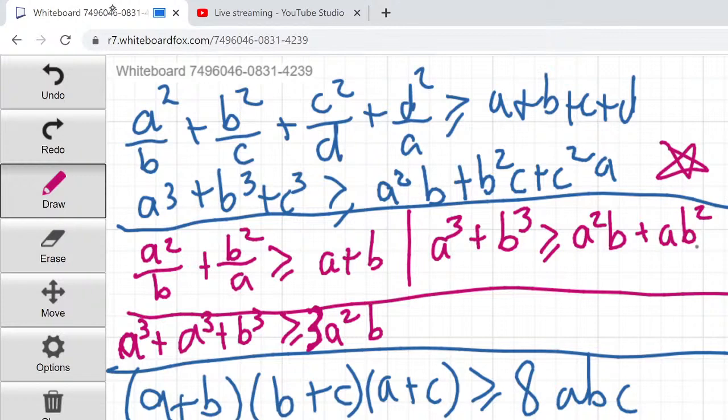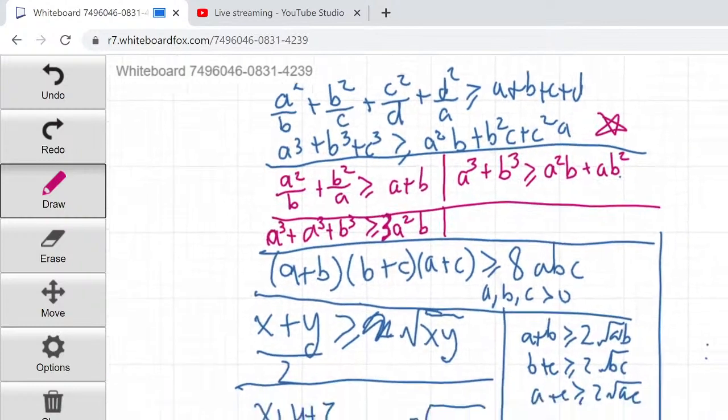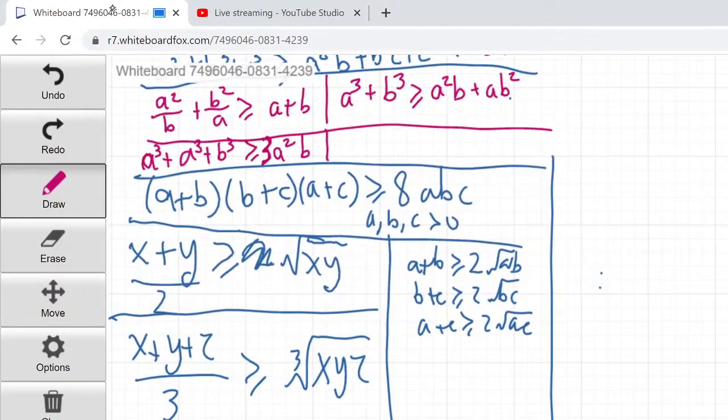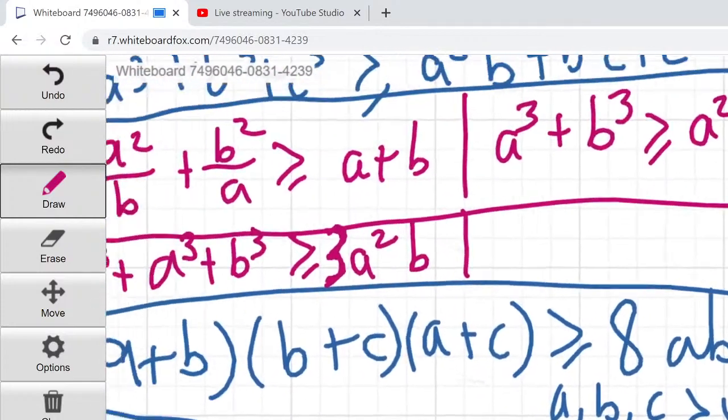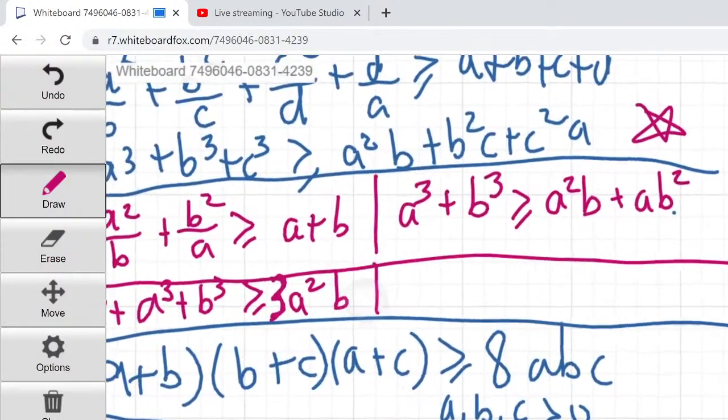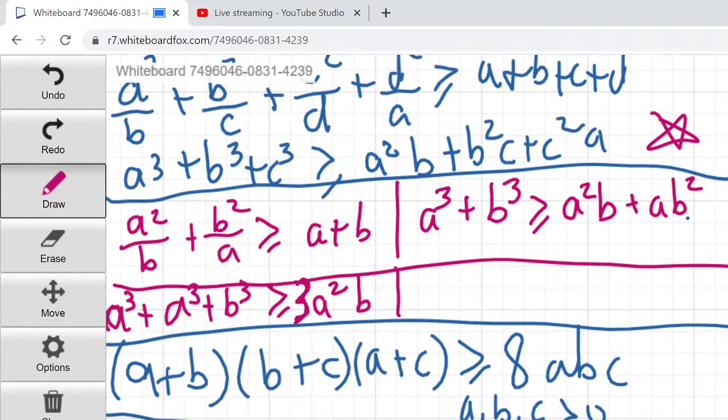Yeah. So this last thing I just wrote comes from this AM-GM, x plus y plus z. I make x a cubed, I make y a cubed, and I make z b cubed. Does that make sense? Yeah. So I can do the same thing again with the b cubed, right?